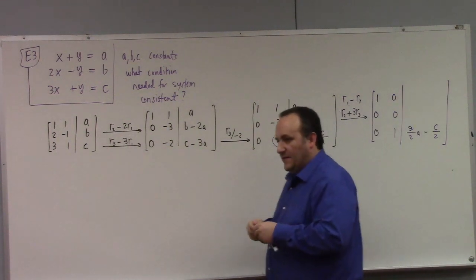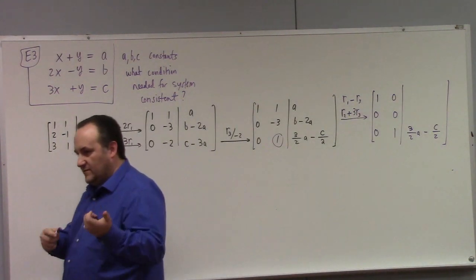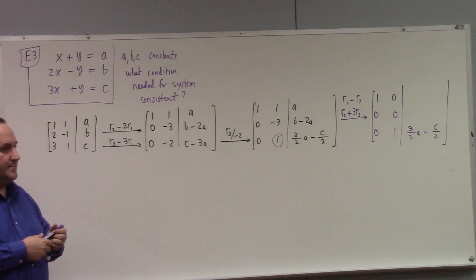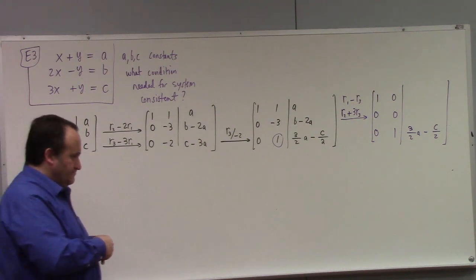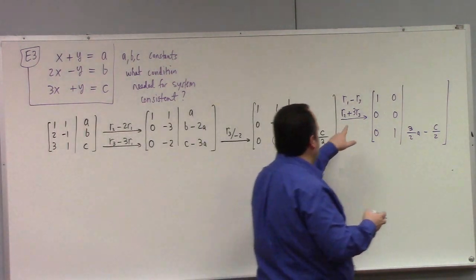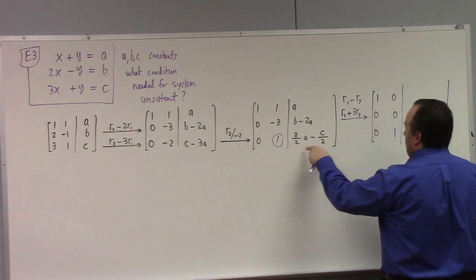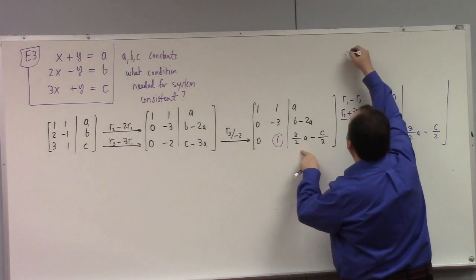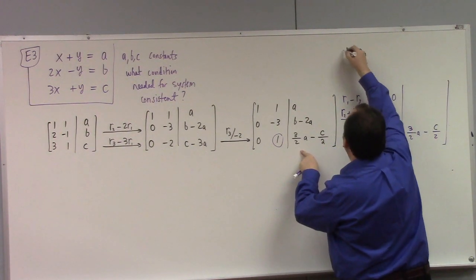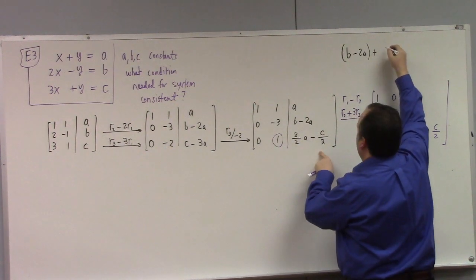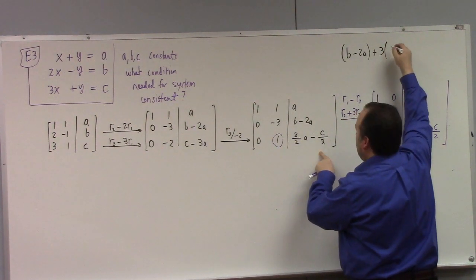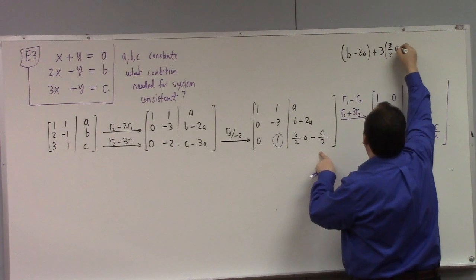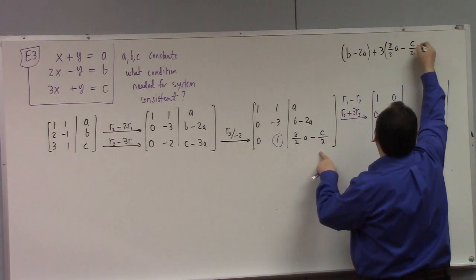And now I'm going to have to think about the last two things. That's where the rubber meets the road, right? So we've got row 2 plus 3 row 3. Maybe it helps to write this off to the side. My row 2 is B minus 2A, right? And I'm doing plus 3 times row 3, which is 3 halves A minus C over 2.